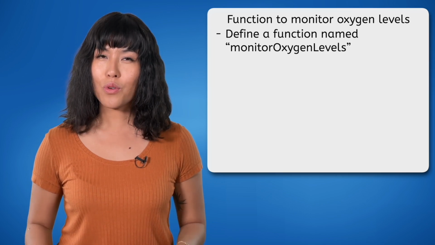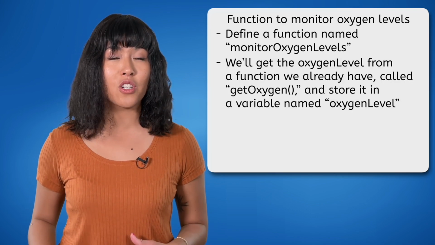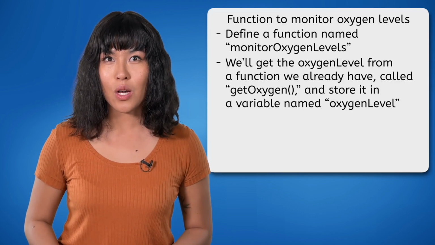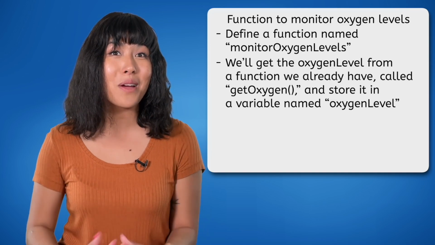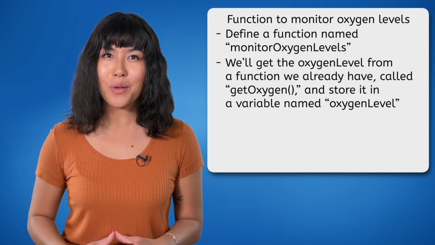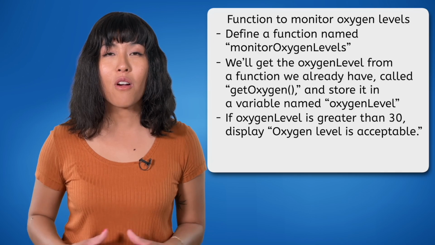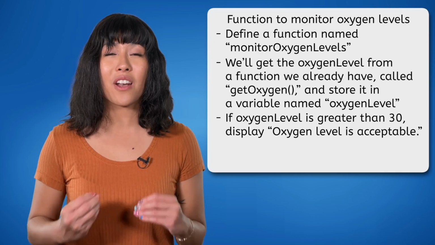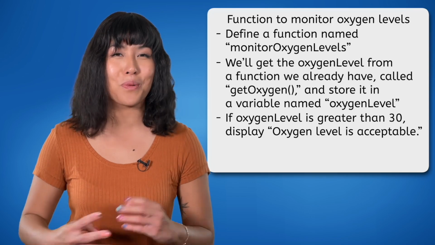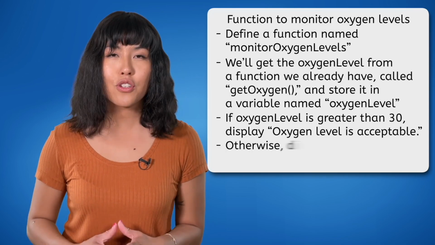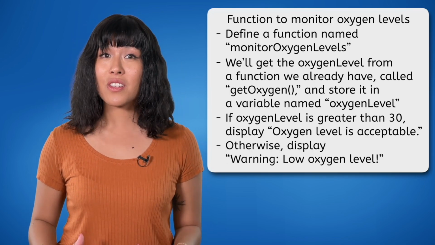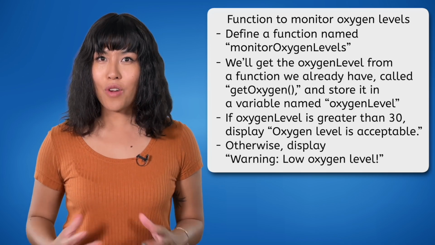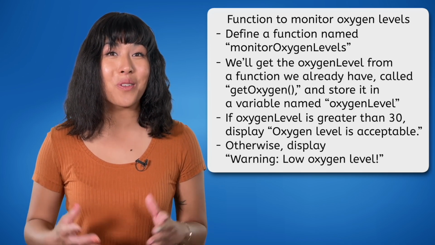Then we'll store the current oxygen level from a function called getOxygen, which will return that value as a number. Next, we use an if statement. If our oxygen level is greater than 30, it should display a message saying that our oxygen level is acceptable. Otherwise, it should print a warning that the oxygen level is low. Try creating this method now in your guided notes.